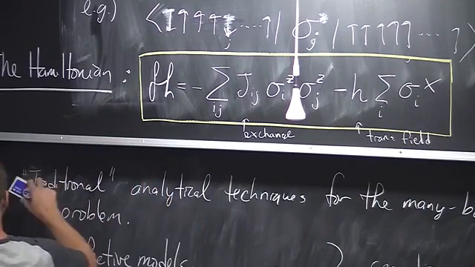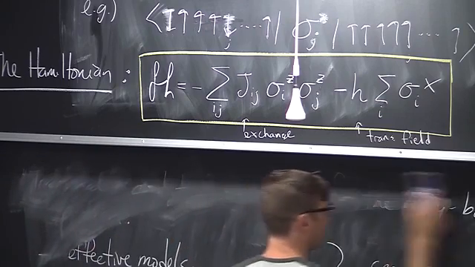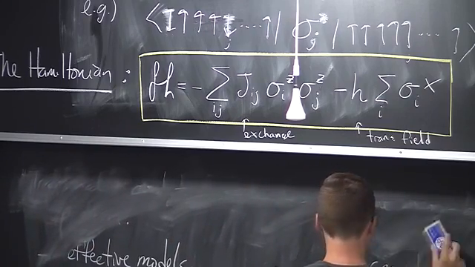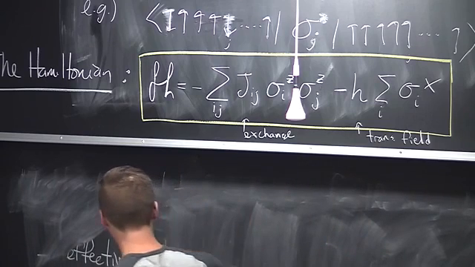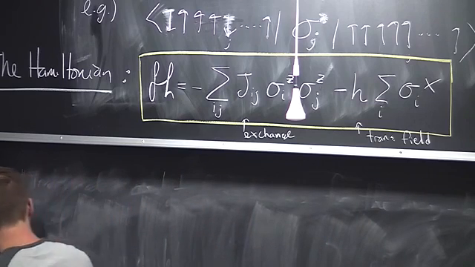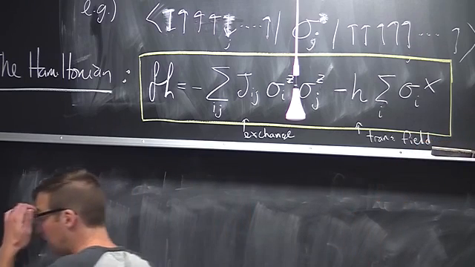If everything was sigma z, or sigma zed, depending on what country you're in, then this would just be a classical Ising model. But that transverse field is what gives you something interesting.